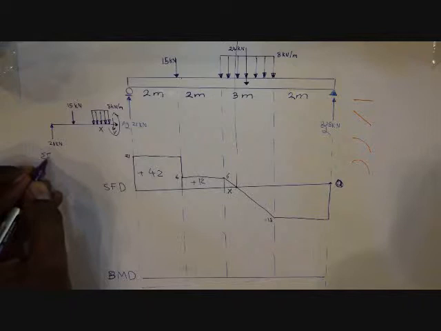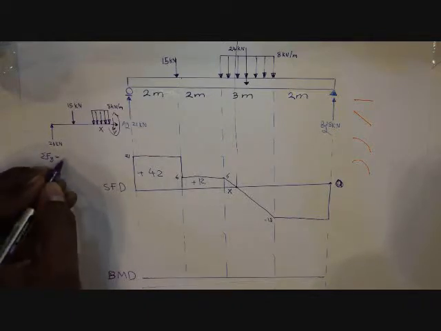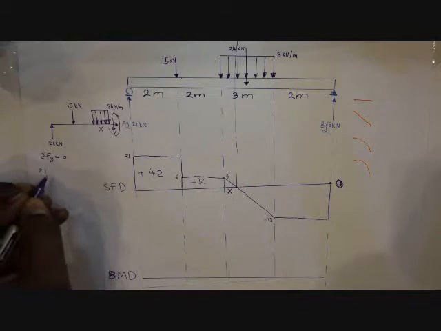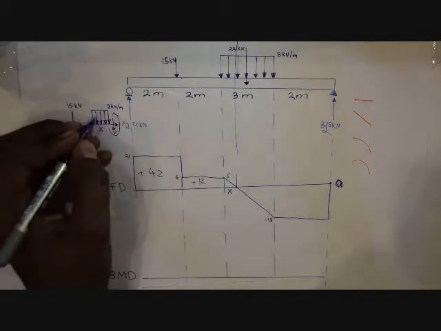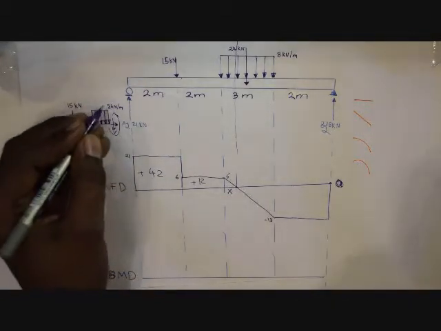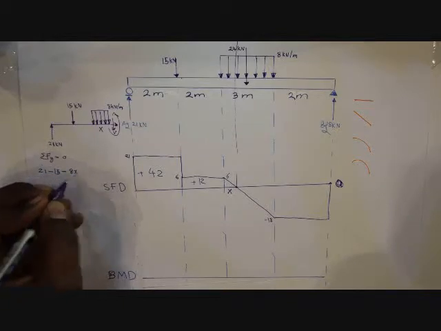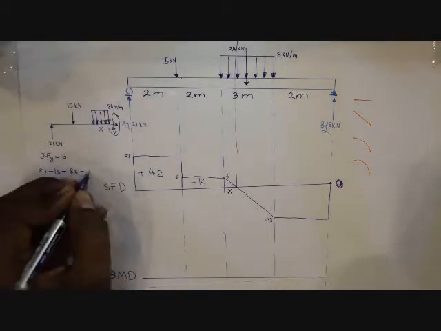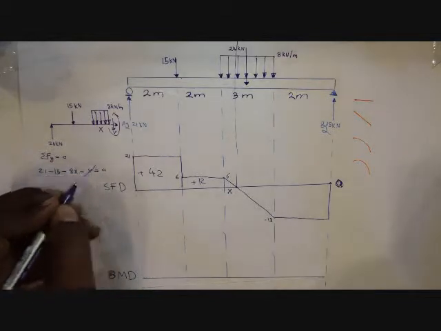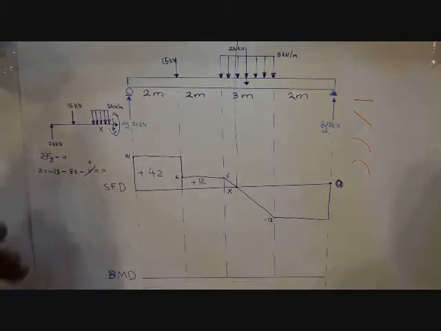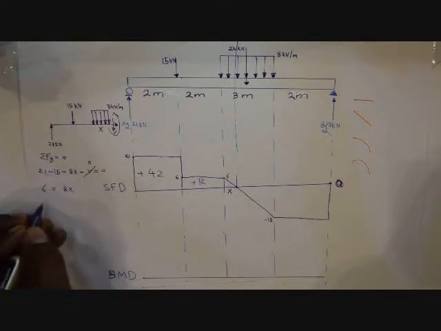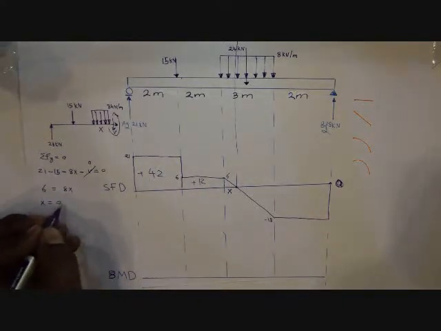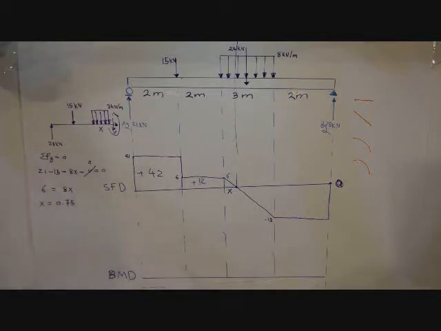So now let's do the summation of forces in y direction and set it to 0. 21 positive minus 15 minus the distributed load, which is 8x, minus the V equals 0. We know that V is 0, so 21 minus 15 is 6, which is equal to 8x, and x is going to be 0.75.